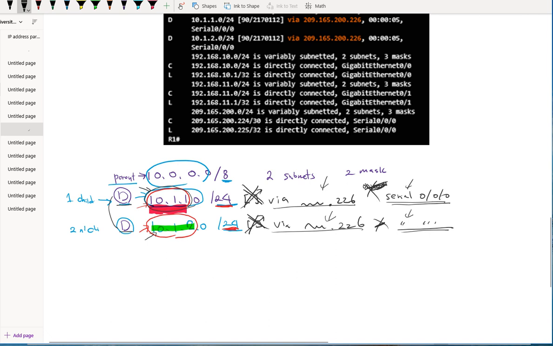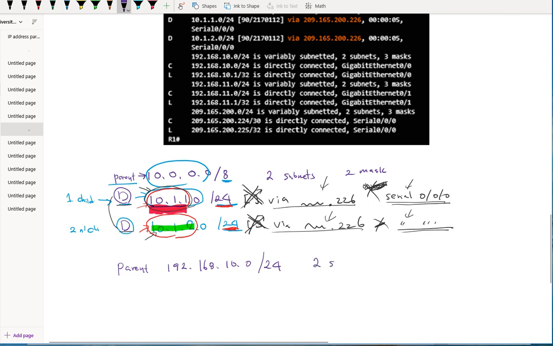Okay, and then the next one is, we have another parent information. Actually this is not really a route, but a parent route entry. Another one is 192.168.10.0/24, and it says it's variably subnetted. How many subnets?